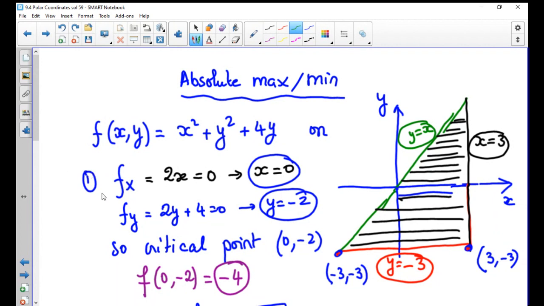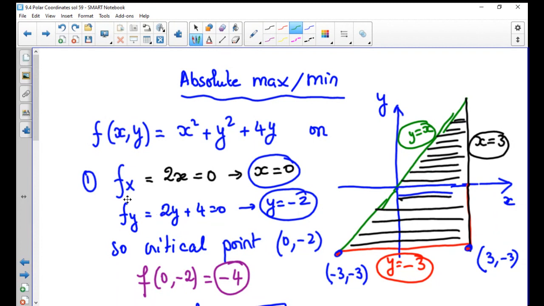There are basically 4 things you need to do here. First, you need to look at the critical points inside the region. The way you do that is find fx and make it equal to 0. fx here is just 2x equal to 0, so that will give you x equal 0.